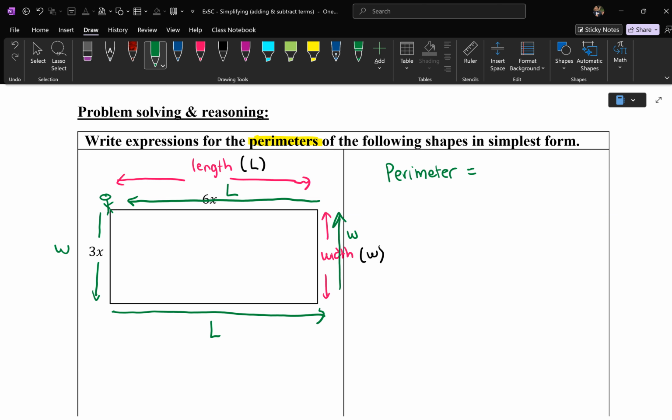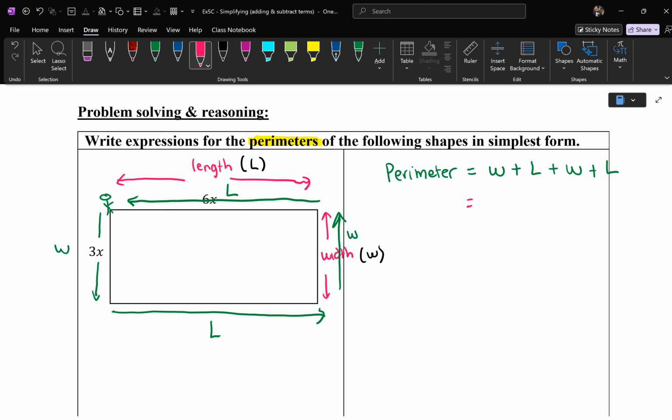So in total, my perimeter would be walk one width, walk one length, plus walk one width, plus walk one length. So 2W plus 2L. Very good. So this is where we've learnt to simplify our expressions. We've learnt that W plus W is 2W and L plus L is 2L.